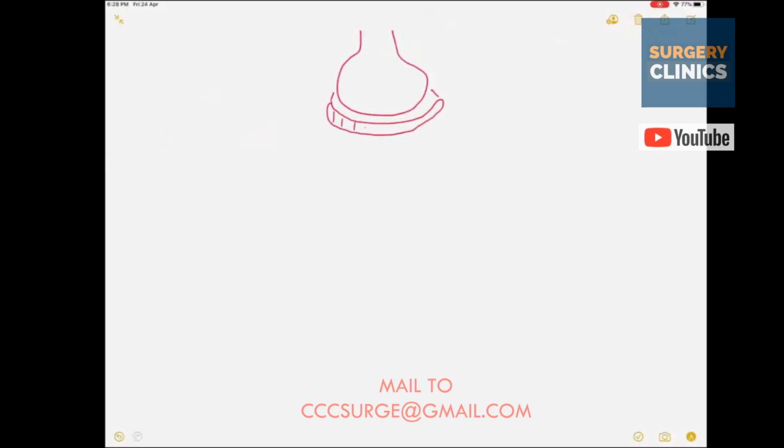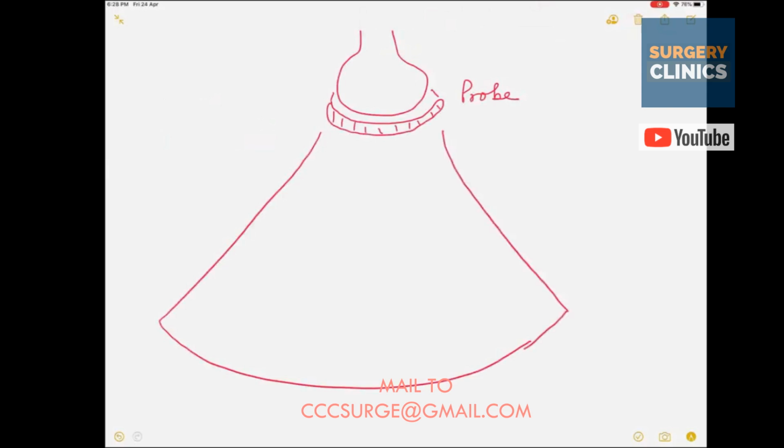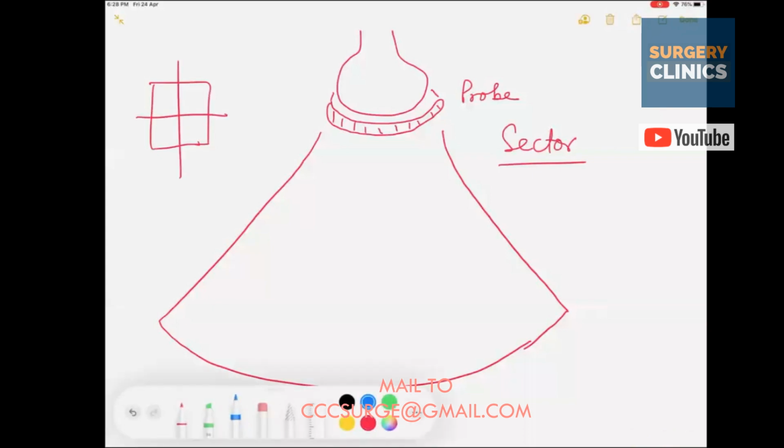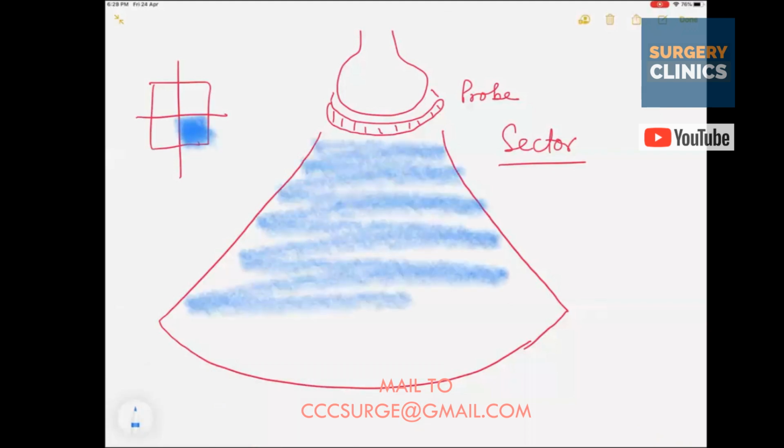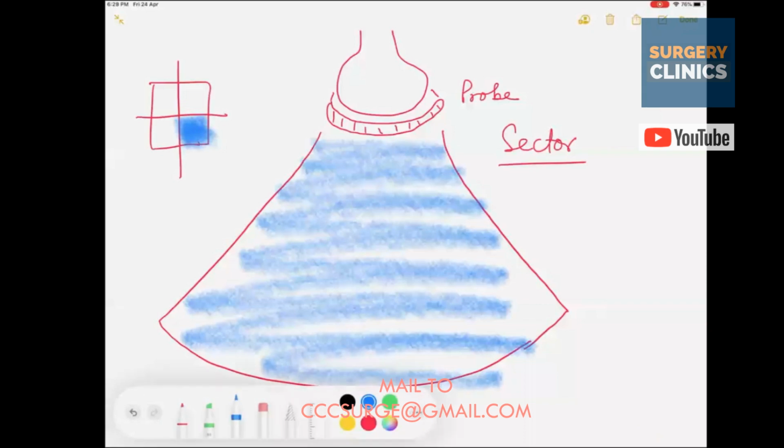So this thing that I'm trying to make is called a probe. And what it does is that it gives you a section-like thing. This is called a sector in mathematics. So out of the whole picture, you did not get the whole picture. You got a part of the picture, and that area will, in radiology terms, be called a window.